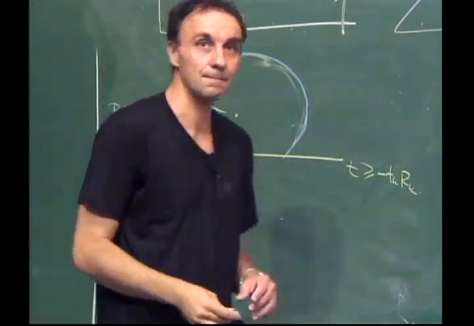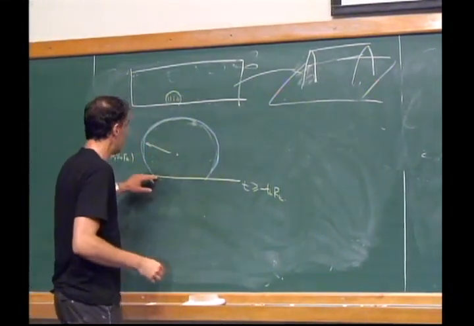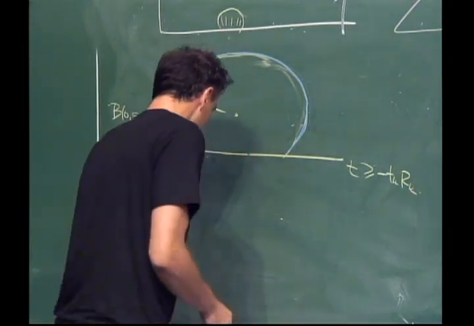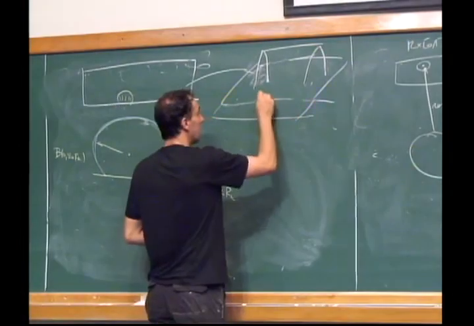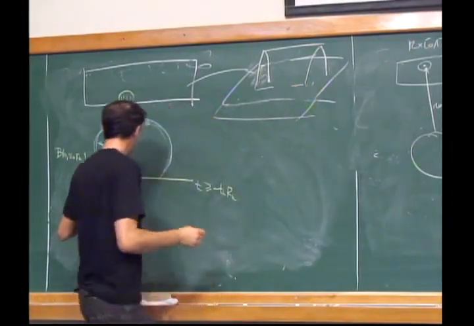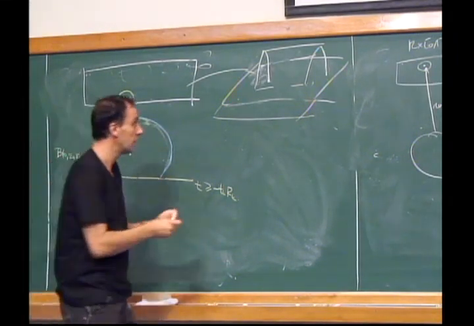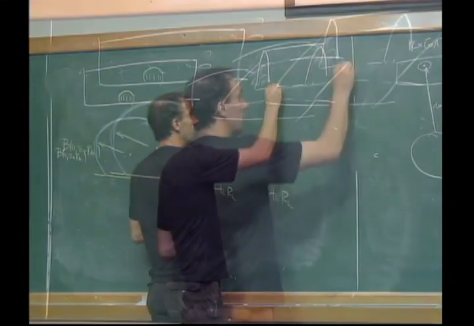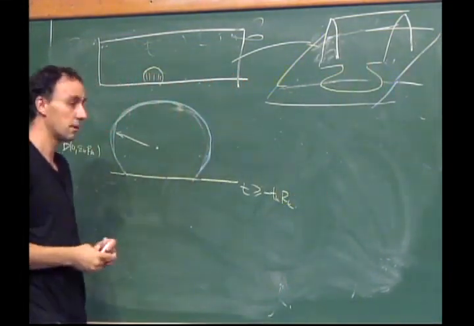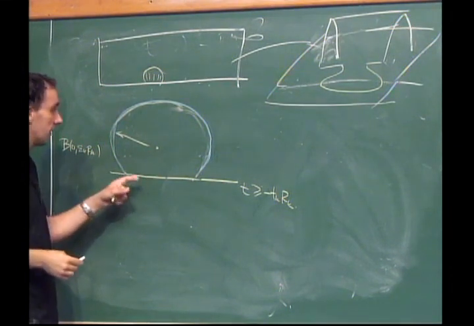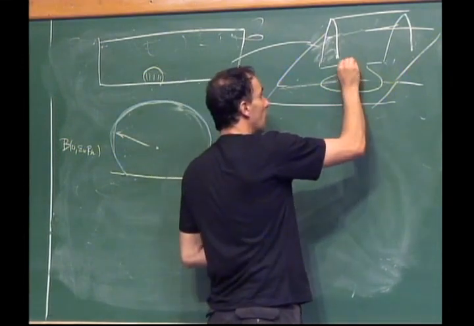Now, what happened here? What we see is that this part here goes into the Lagrangian. So we have this part here which goes like this. It gets bigger and bigger. This part here, the blue one, gets smaller and smaller.